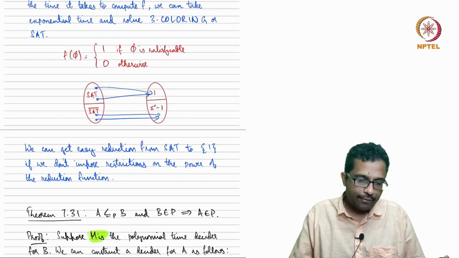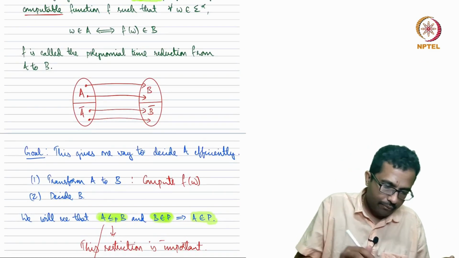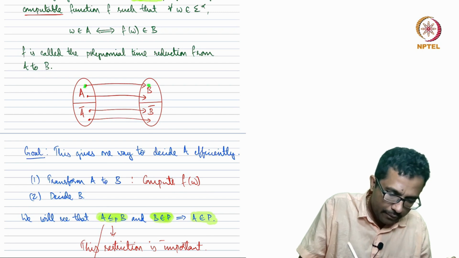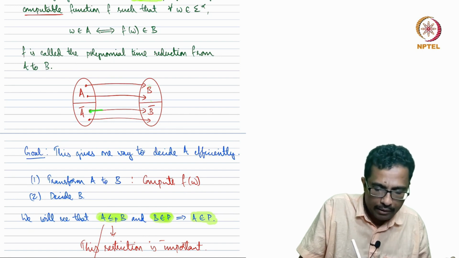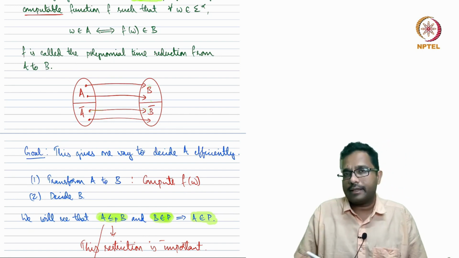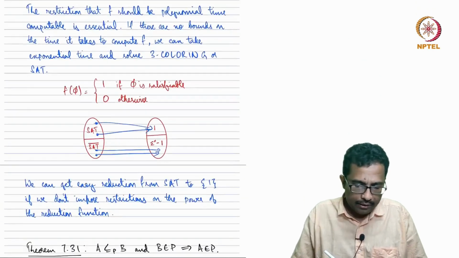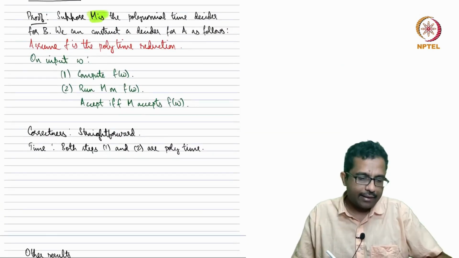So the correctness is straightforward, because only strings in A will come to B, and these strings will be accepted, and those strings that are in A complement will come to B complement, and those will be rejected. So the time complexity, let's just check the time complexity.